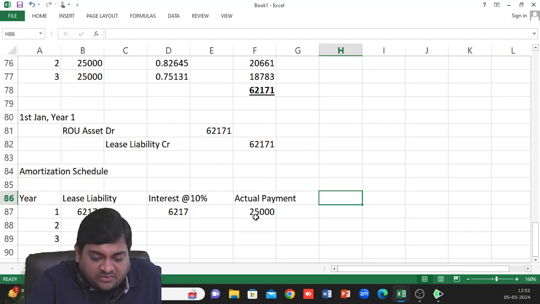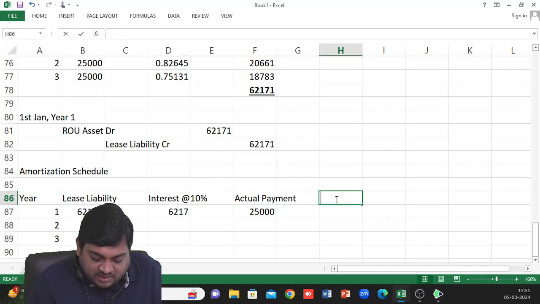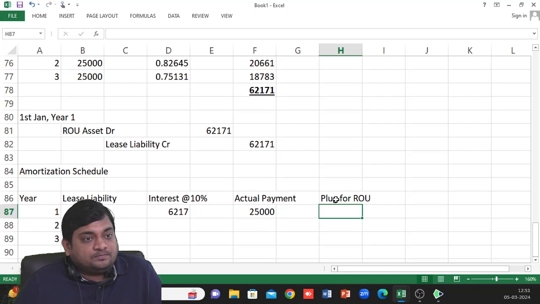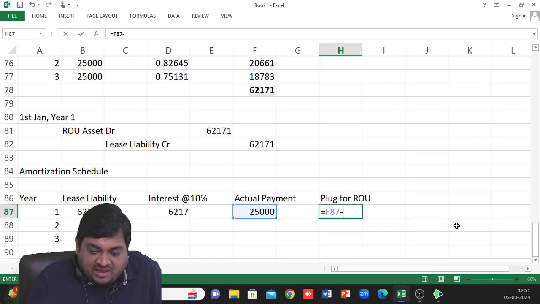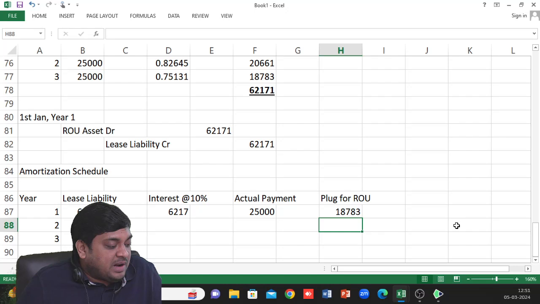So out of 25, if this much is interest, so this will be the plug for ROU. It means from 25, this much is interest. So this is the plug for ROU.